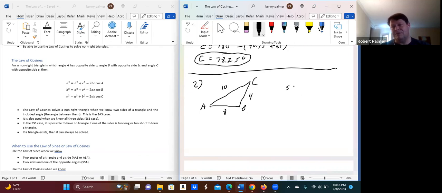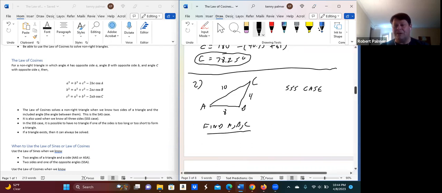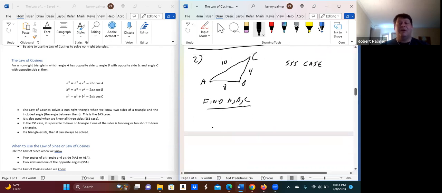So obviously this is the side side side case. What we need to find are our angles, A, B, and C. Now here, it doesn't really matter which one we start with because all our angles are unknown. So I'll just start in alphabetical order.